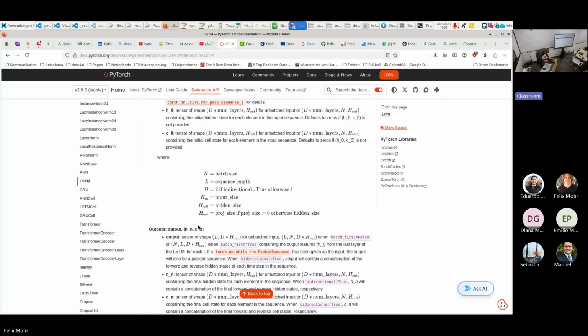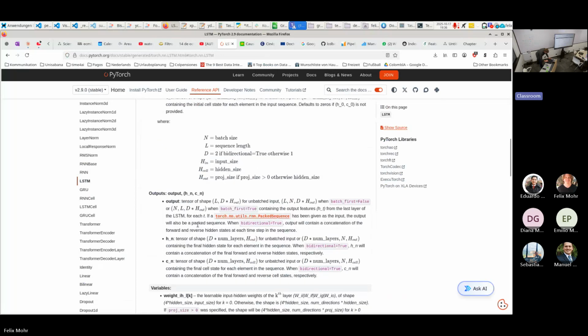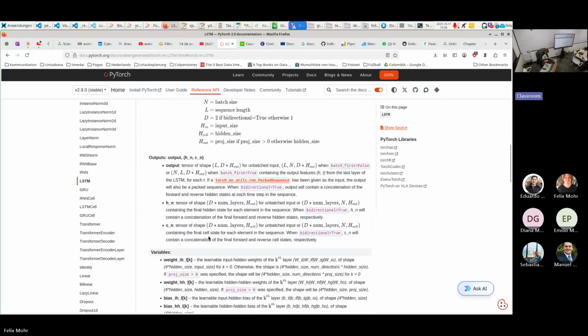Okay, it seems that they don't give you the brain cell information, just the interface. In principle, if you want to have the cell state, you can also have it. They give it to you in the C_n, but only for the last iteration, not all of them.